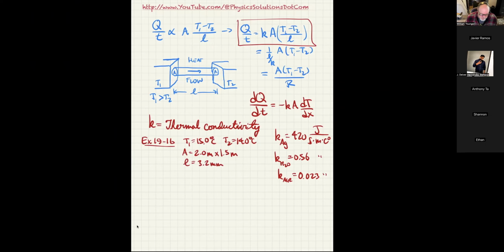So we're able to calculate this. What we want to know is the heat flow, so that's a certain number of joules or calories per second.